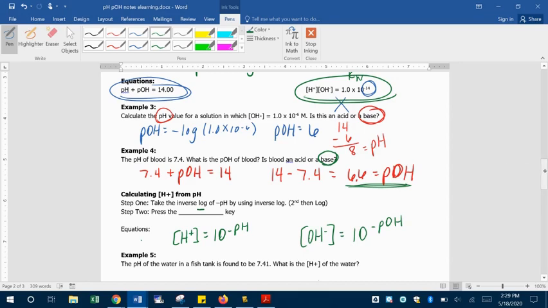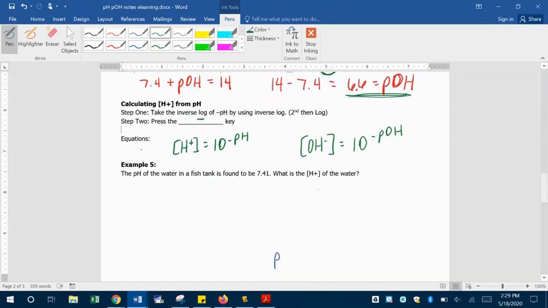So, question might be, if the pH of water in a fish tank is found to be 7.41, what's the concentration of hydrogen ions in the water?